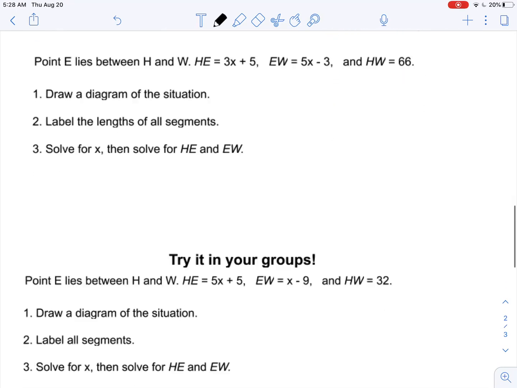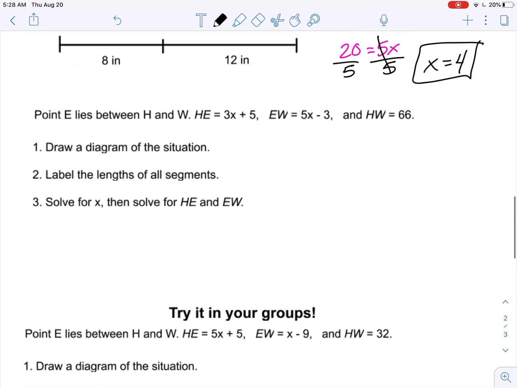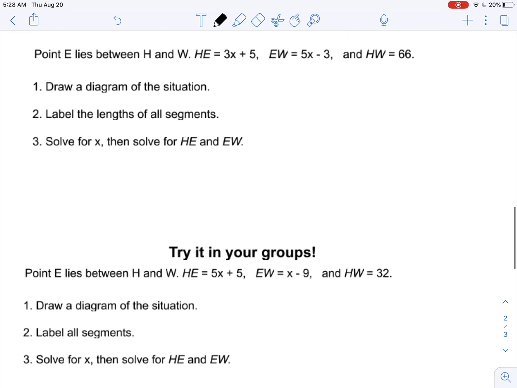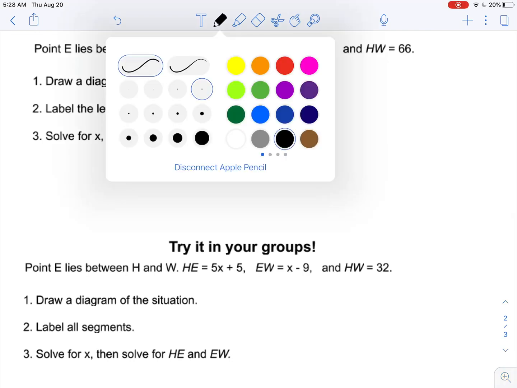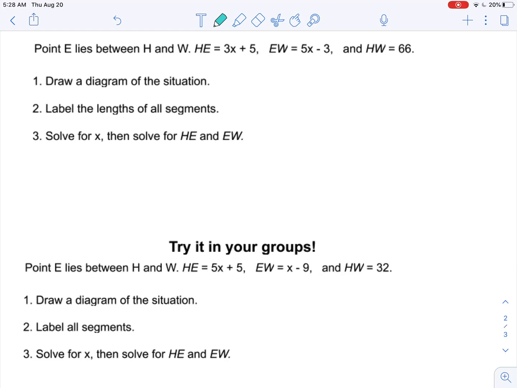All right, we've got just 2 problems left to do. So here we're going to draw a diagram for a situation. So we're going to draw a line segment.